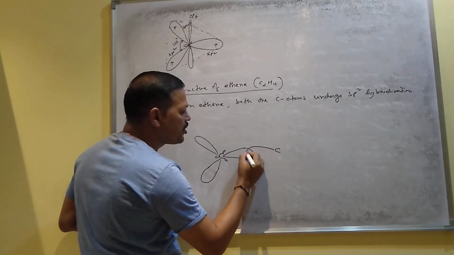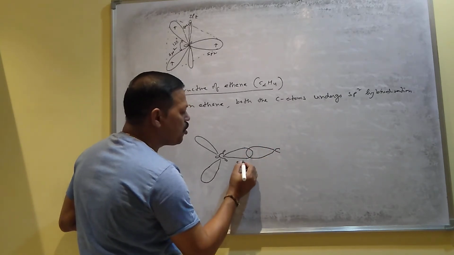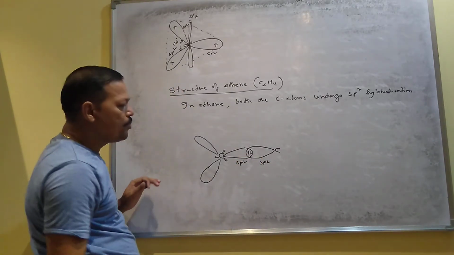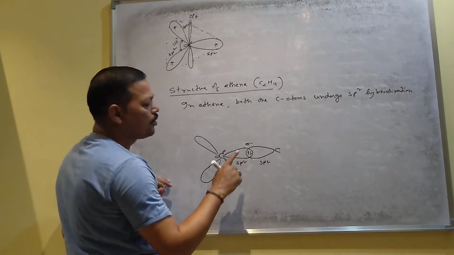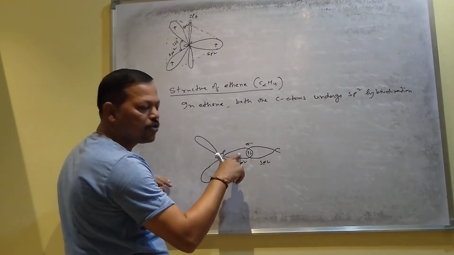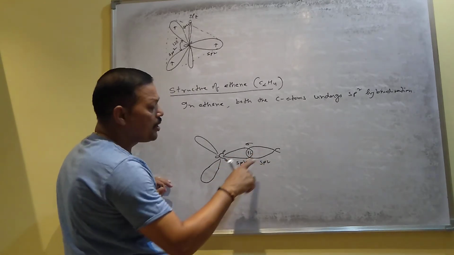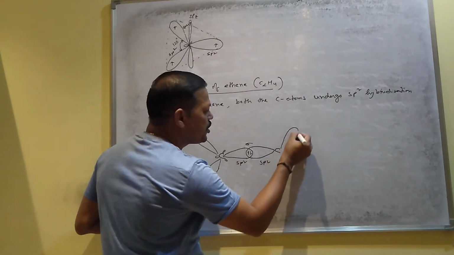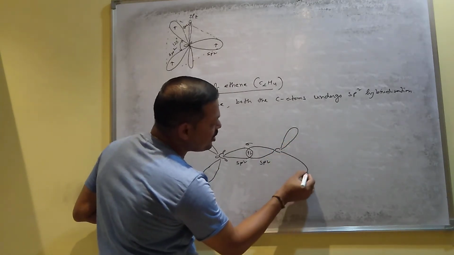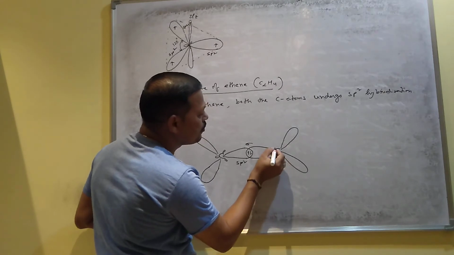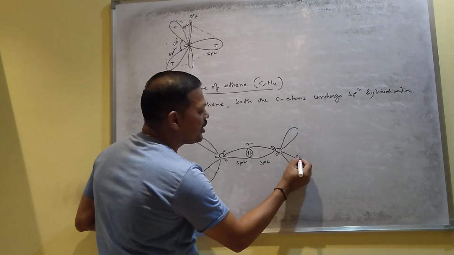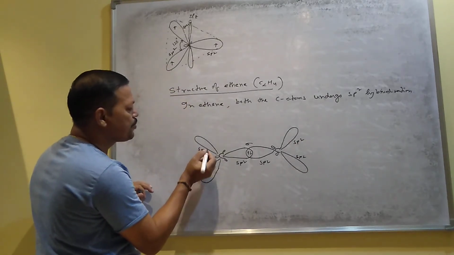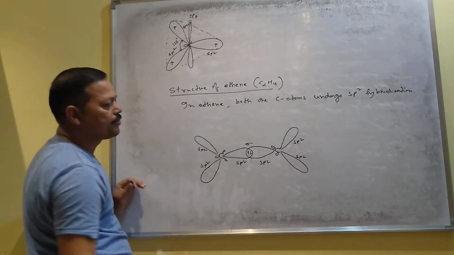It also contains 3 sp2. One sp2 overlaps with that sp2. It produces one sigma bond. This sp2 contains 1 electron. This sp2 contains 1 electron. So in the overlap area, you will get 2 electrons. And another 2 sp2. You have to maintain the triangular shape like this. These are another 2 sp2 for this carbon, and these are the sp2 of this carbon.